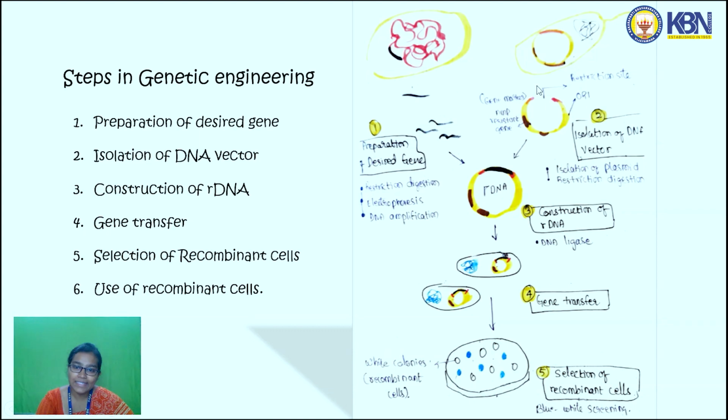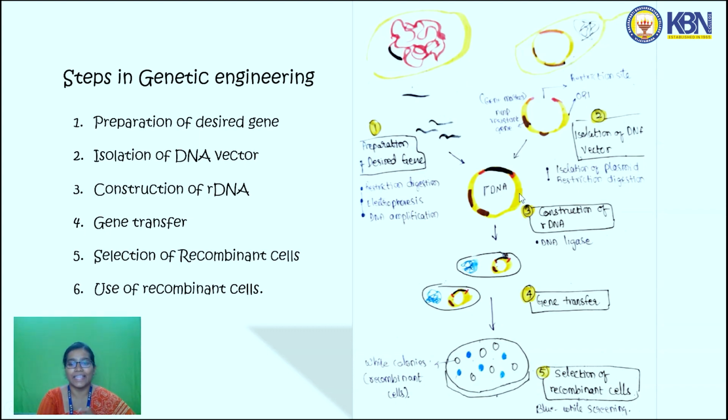With this cleavage and this fragment, what helps us attach the two is a wonderful enzyme called DNA ligase. Yes, DNA ligase acts as a molecular glue and sticks both the desired gene and our vector together.